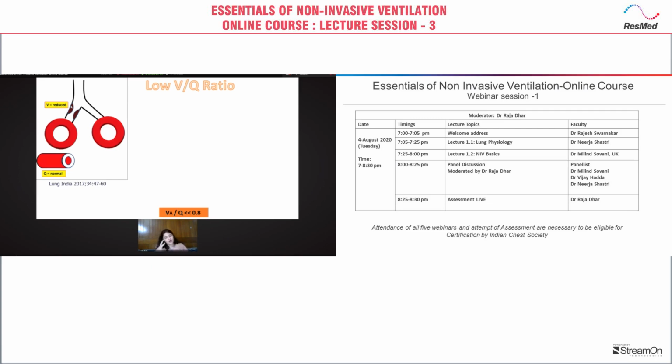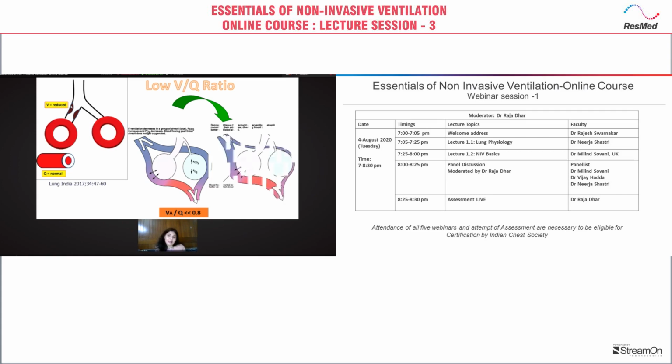So there's a mixing of deoxygenated blood, because it doesn't get oxygen, with the oxygenated blood. And to compensate for this, physiologically, the vessels around any underventilated alveoli undergo vasoconstriction so that this is not wasted.